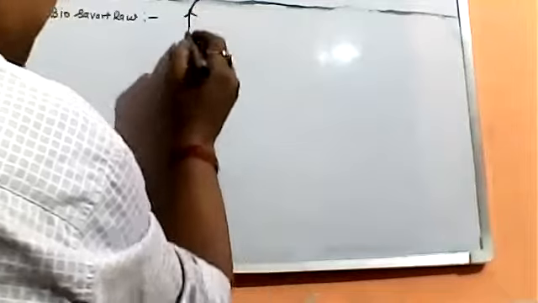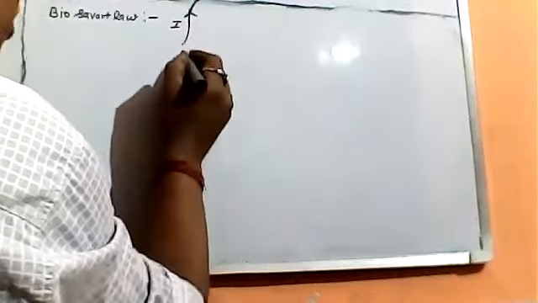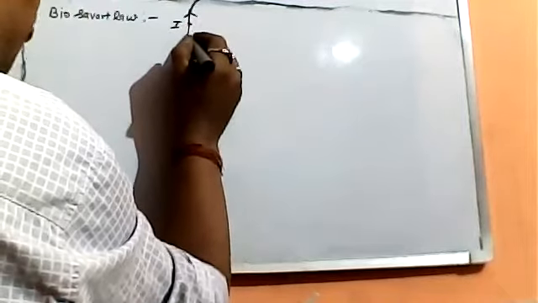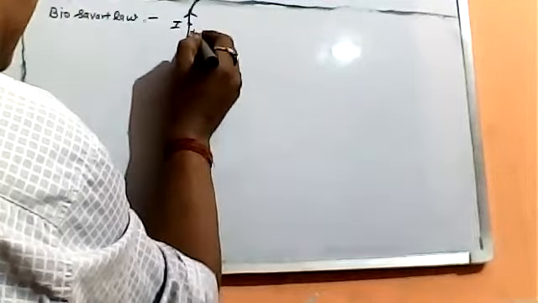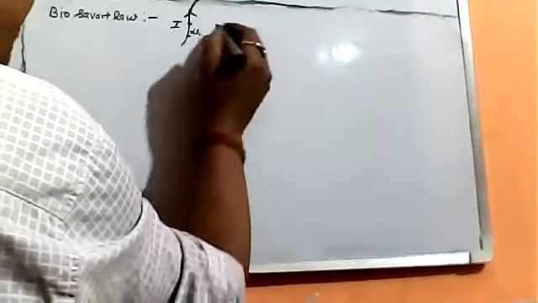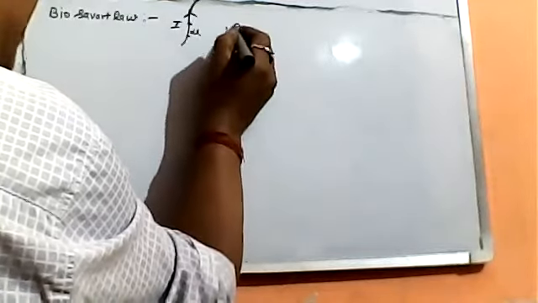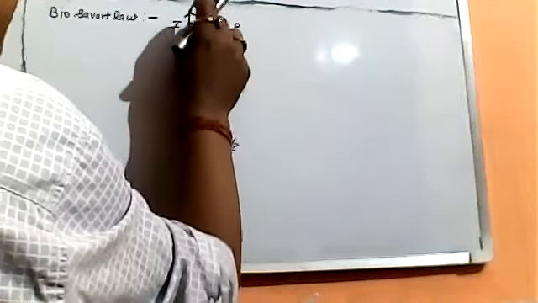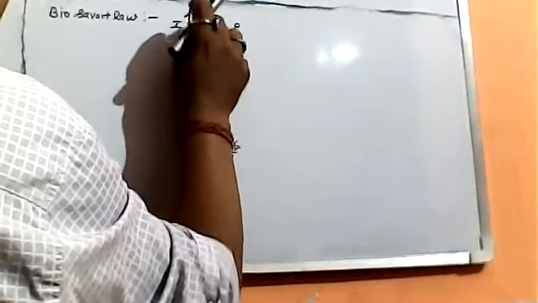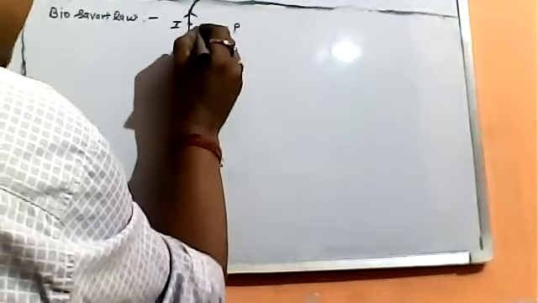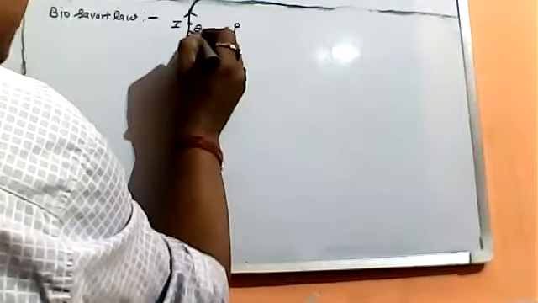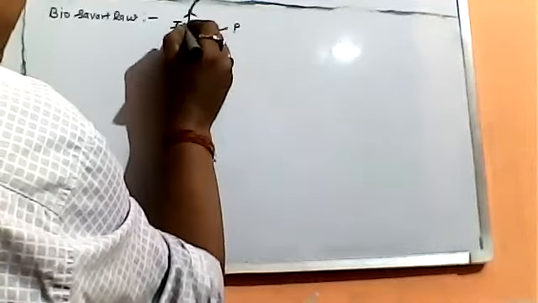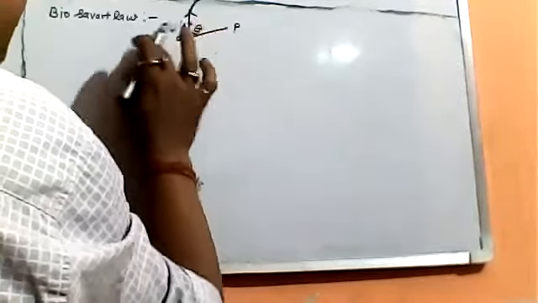Here is the formula. I is the current flowing through a conductor, and this is a small portion, dl length, and here is a point P, and at point P we want to find the magnetic field intensity. Theta is the angle.